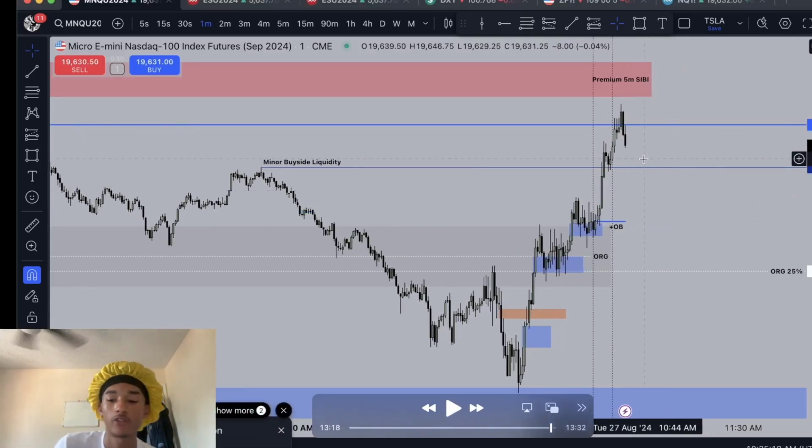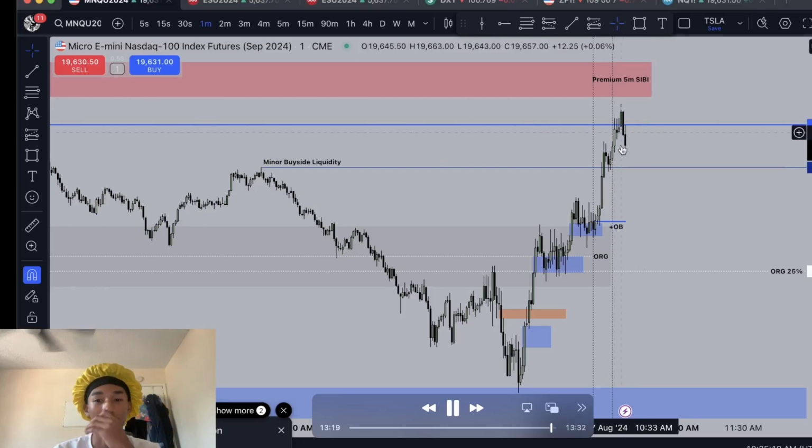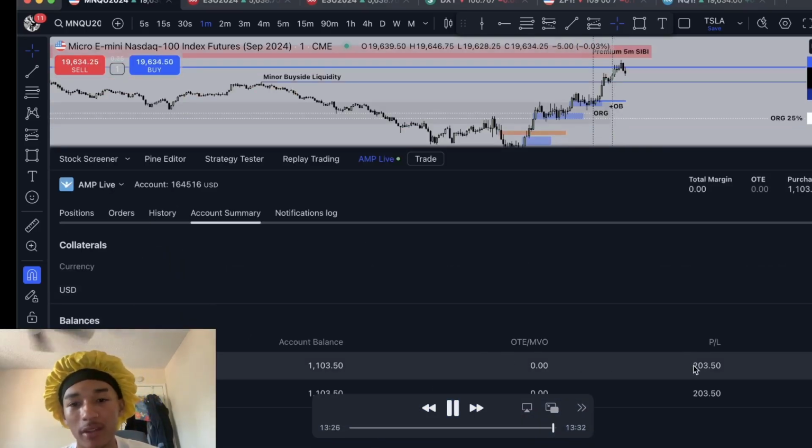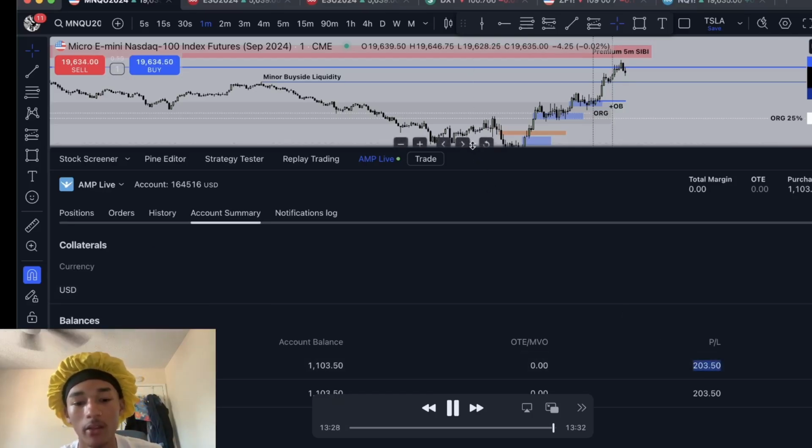So that's the trade for day one of this live account series. I took two trades. I took one loss before that, and then it was basically the same entry but just later time. So there you can see the P&L, $200 on the day.